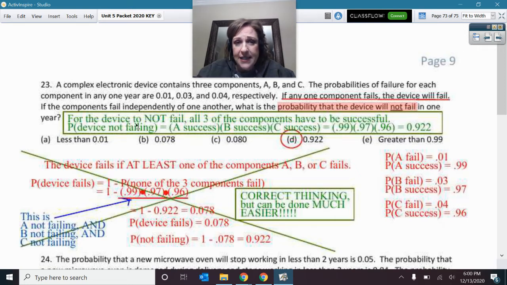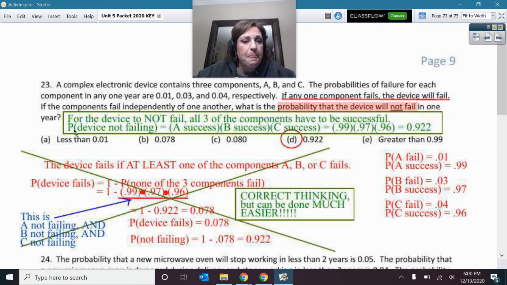What we know is that if parts A, B, or C fail, then if any of them fails, the whole device fails. The way I went wrong in my really hard thinking was I was thinking, if at least one of those A, B, or C fails, then the whole device is going to fail.